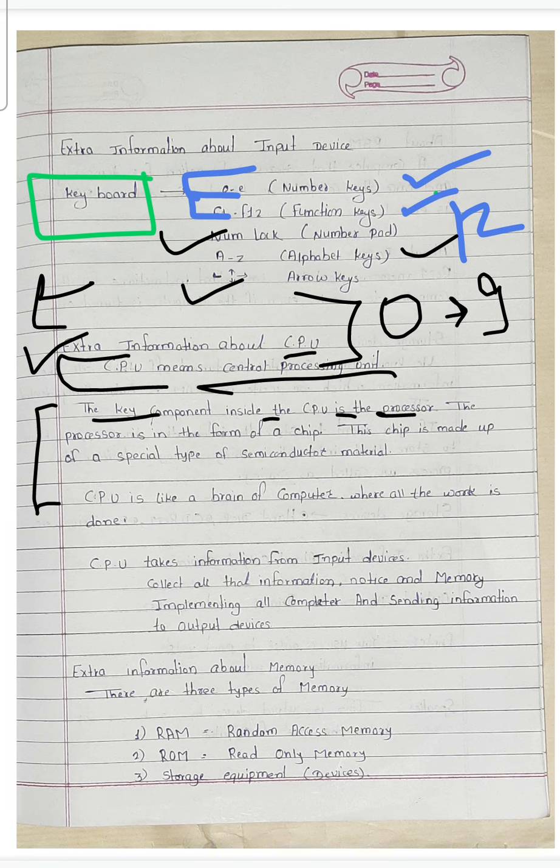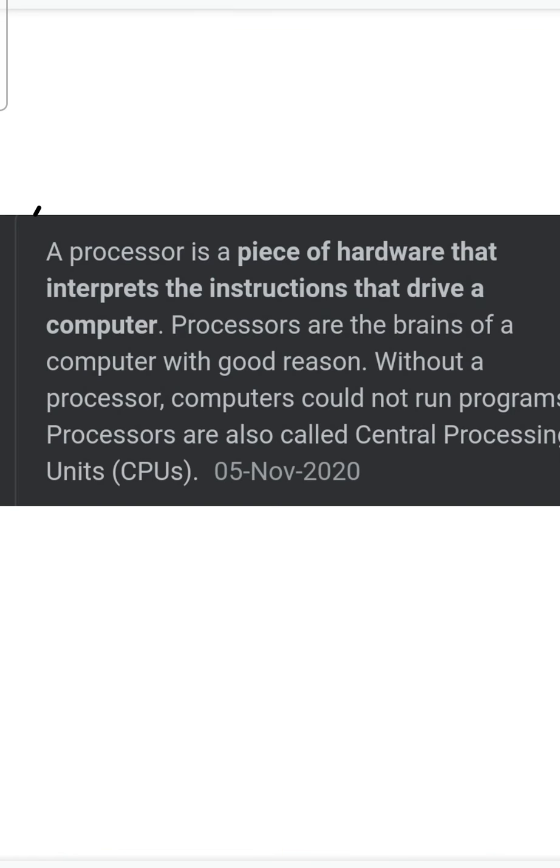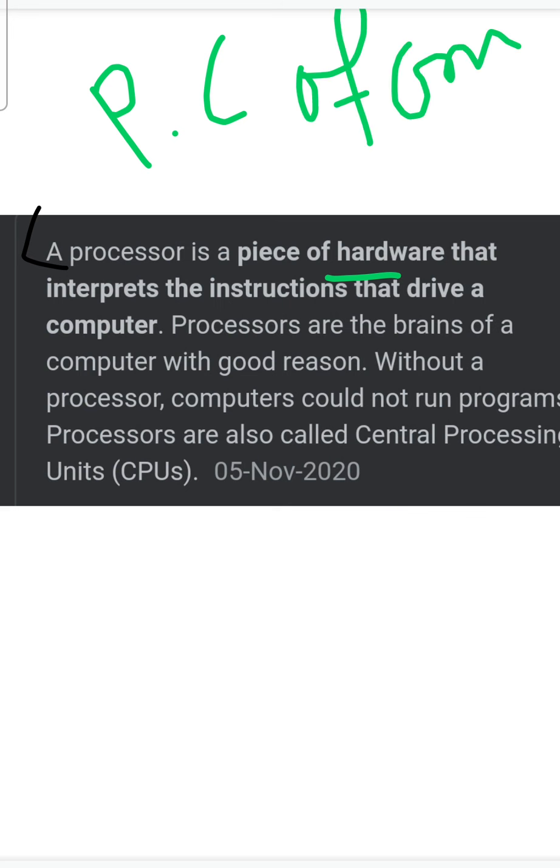What is the processor? The processor is a piece of hardware. Hardware means the physical component of a computer. A processor is a piece of hardware that interprets the instructions that drive a computer.